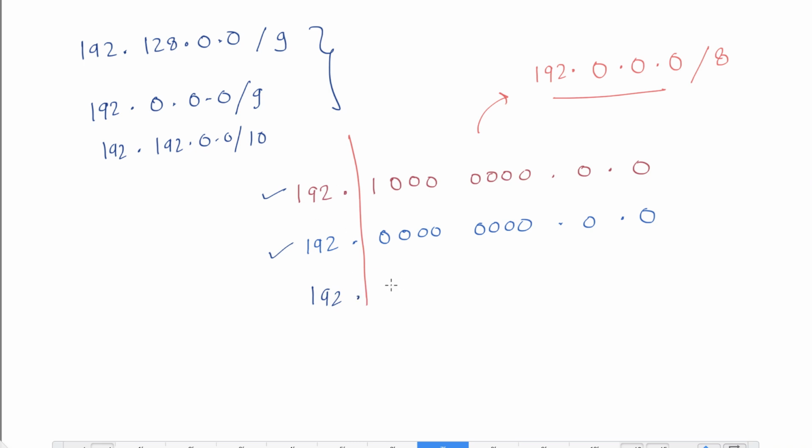For 192 it is 128 plus 64, which is 192, so it will be 1 1 followed by zeros, 0.0.0. So this is slash 10. Now just check till what point things are common. Things are common only till this point, so these three networks will also combine into just one network, which is 192.0.0.0/8. I hope you got the idea.